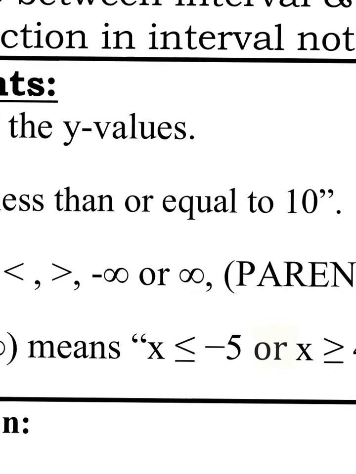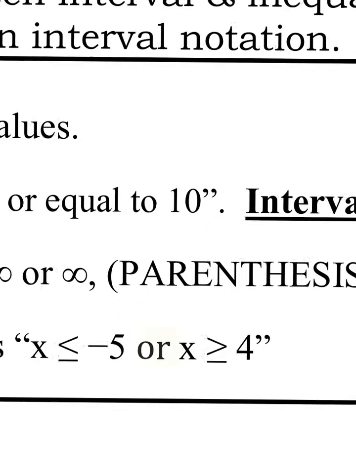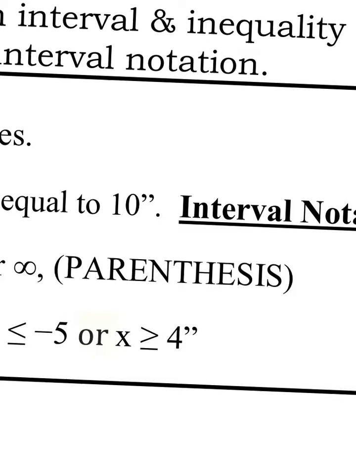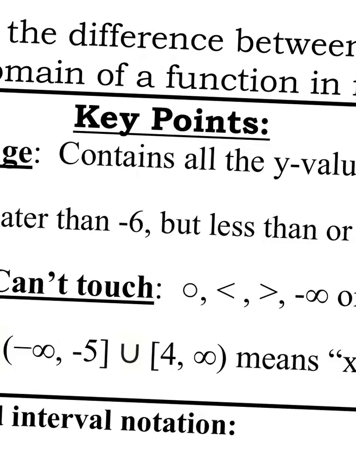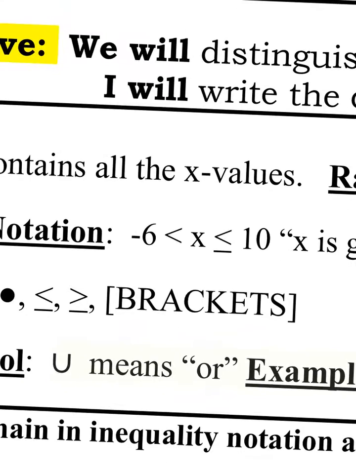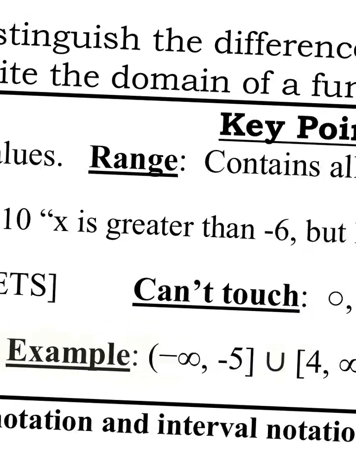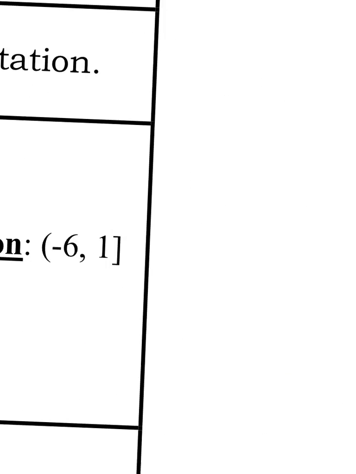Negative infinity or positive infinity. Infinity is more of a concept rather than an actual number. Infinity just means the numbers go on forever. So there's not a number called forever. So that's why you can never touch infinity. And then anything written in parentheses means you can't touch it.